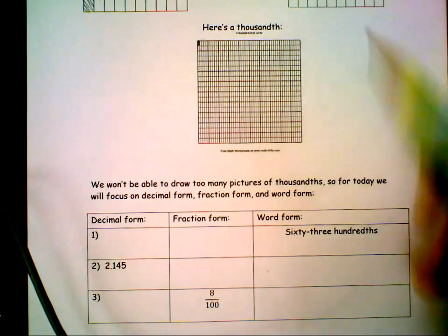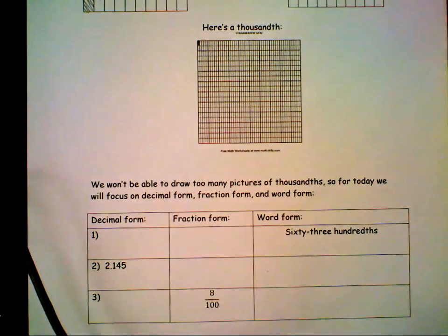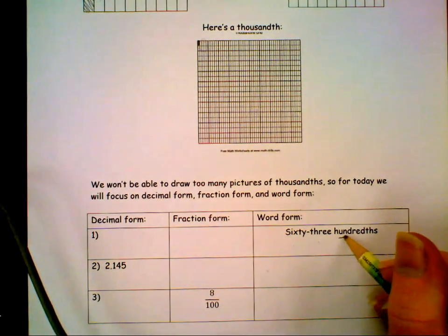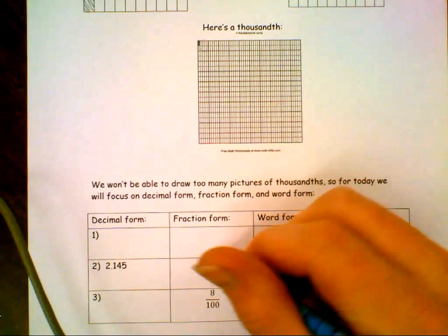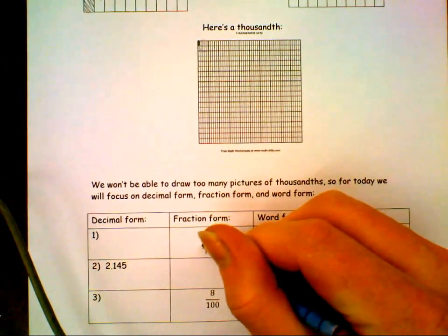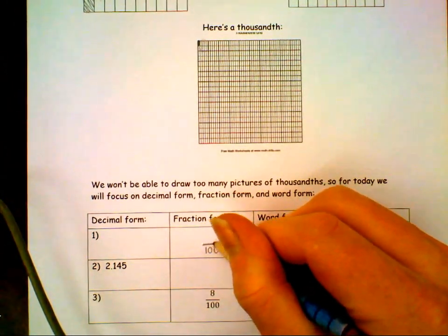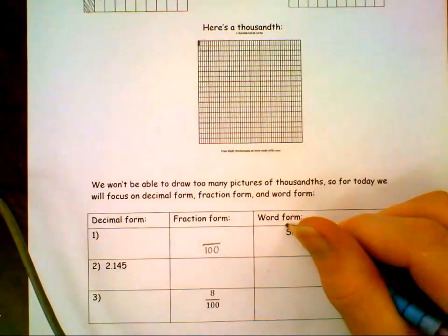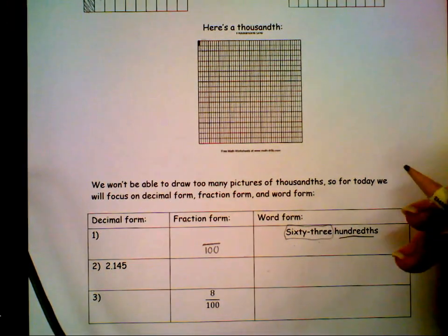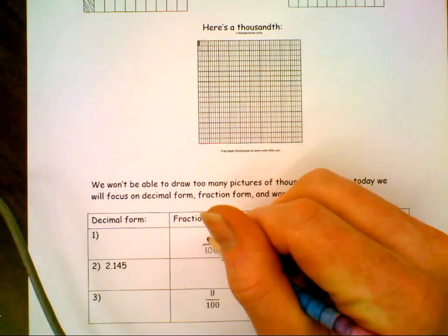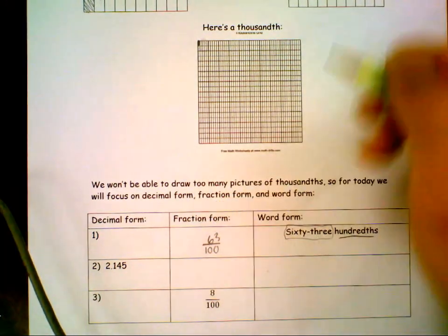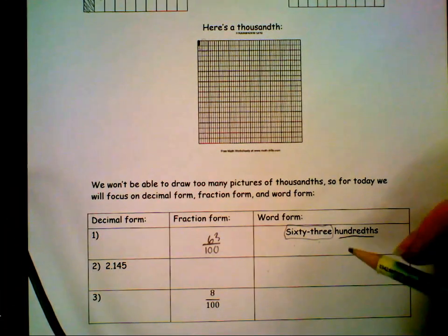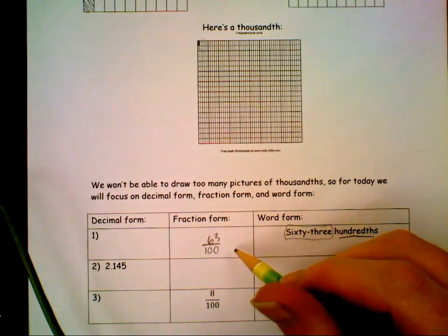This says 63 hundredths. Because it says hundredths, I know as a fraction, it has a denominator of 100. And now this 63 tells me how many of the pieces we have. So of those 100 pieces, if we looked back up at our chart, we have 63 out of 100.